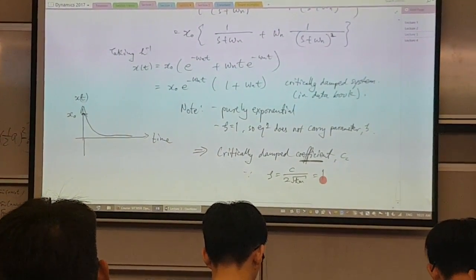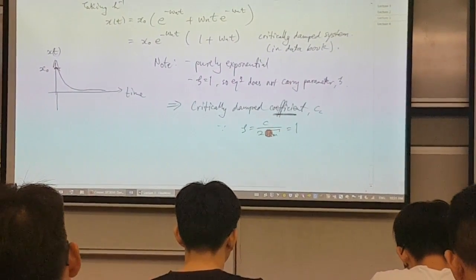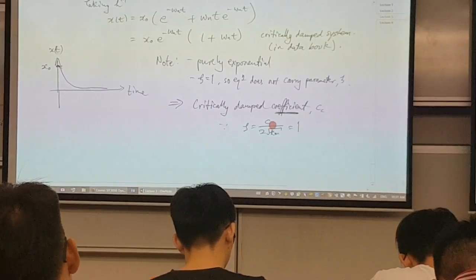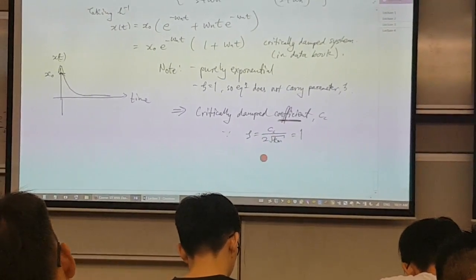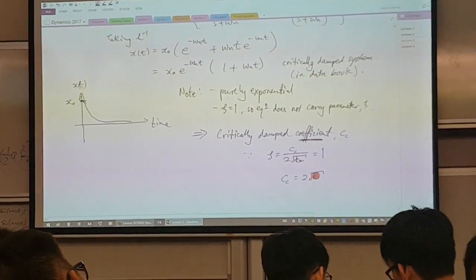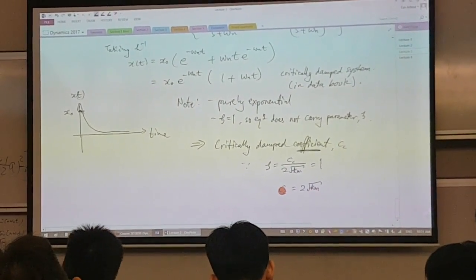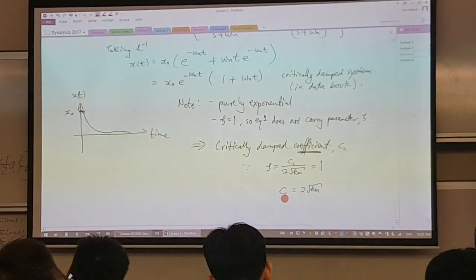And if zeta is equal to 1, then we can express this form, which is going to be your CC. So CC here will be equal to 2 square root km. So that is your critically damped coefficient.